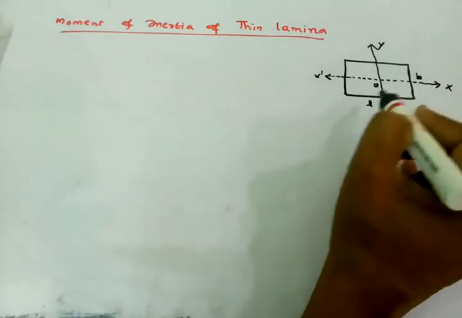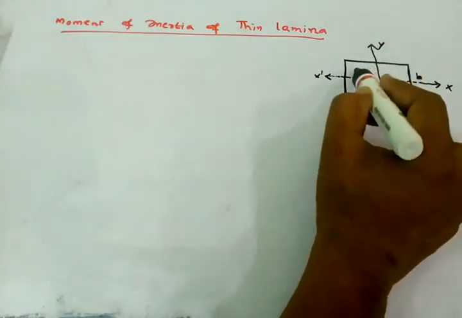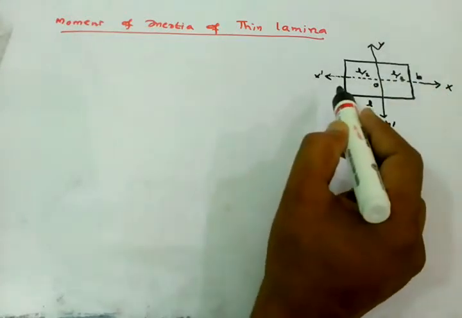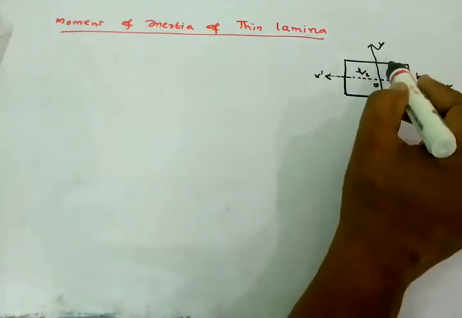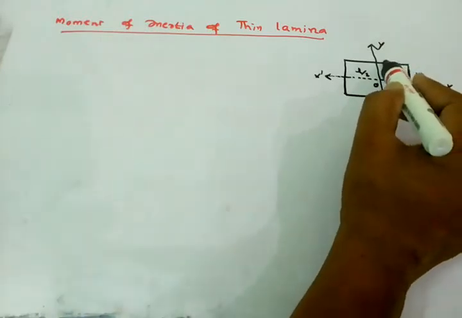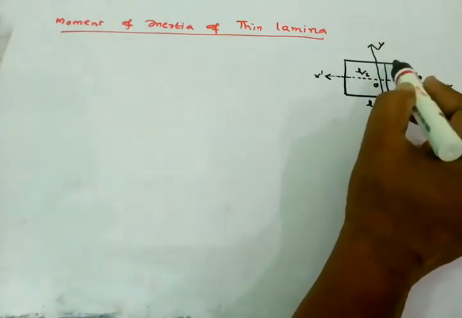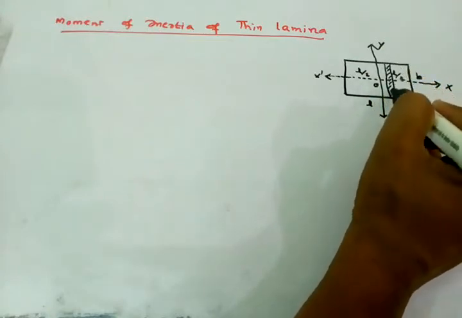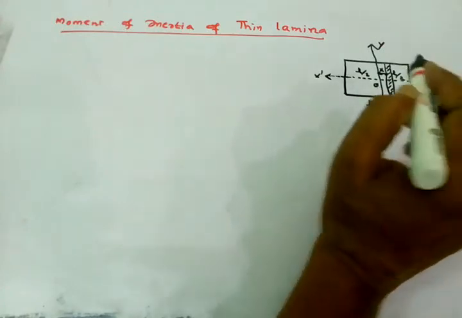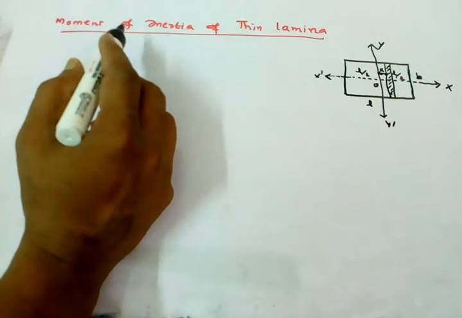So here this is L by 2, this is L by 2. For the derivation of the moment of inertia, take one elemental strip here, at distance x from y dash. So this is the situation.